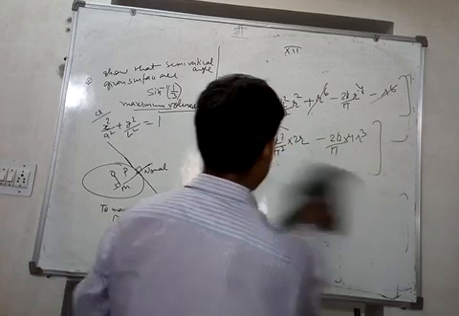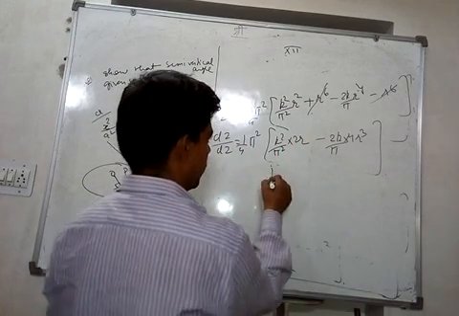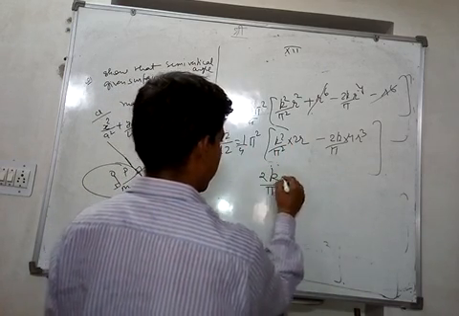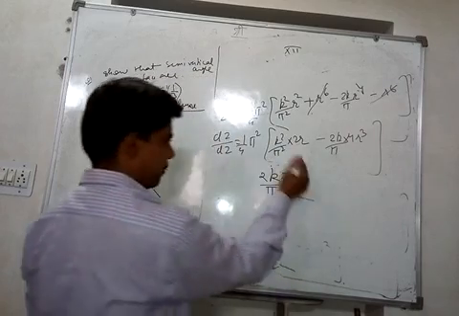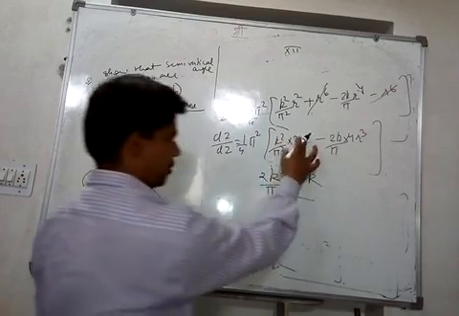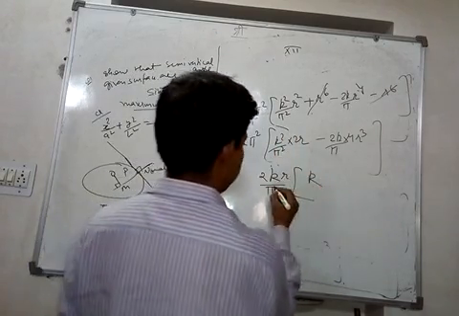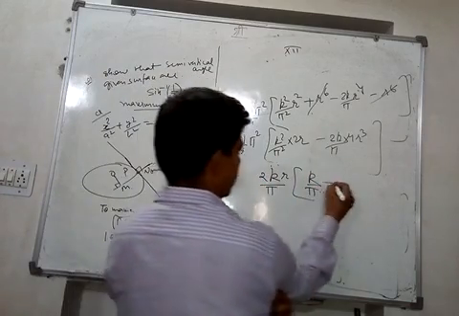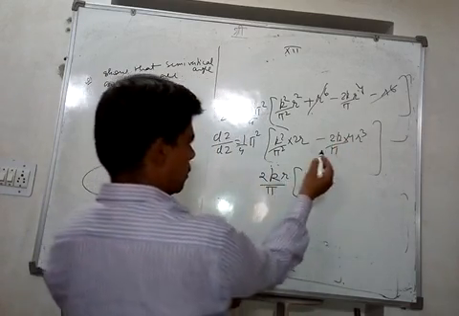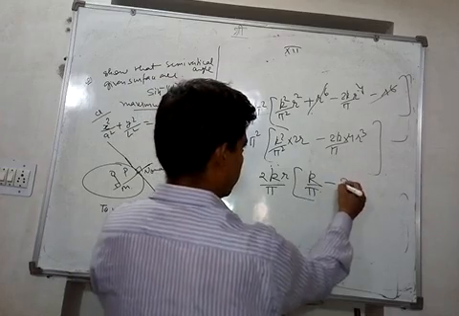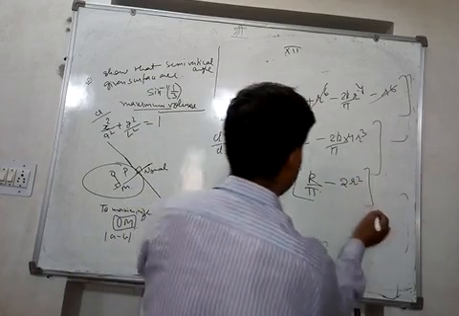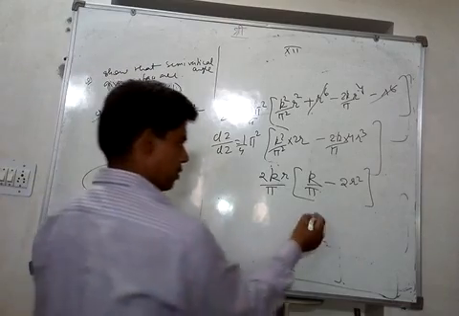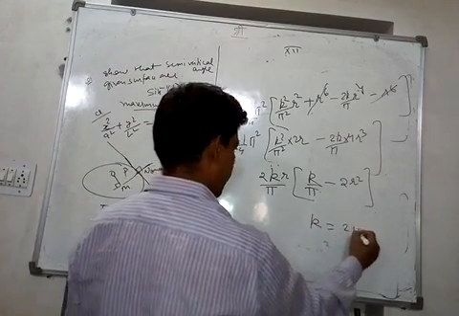Common, as you can see, is k, pi, 2 and r. So what is left here? k, and k upon pi, that's common. Here k is gone, pi is gone, 2 is gone, r is gone, so we get 2r square. So this must be 0, so k is equal to 2 pi r square.